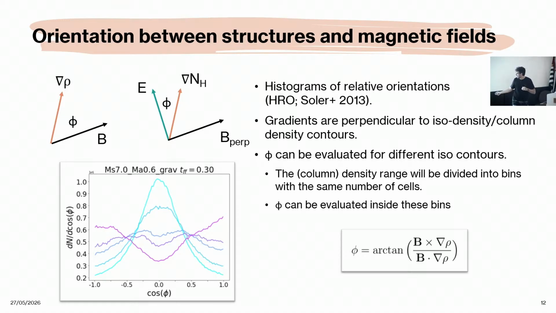Here, for instance, is one of these examples. The light blue here represents structures that are more aligned to the field. At that density range, if we have a peak near 0, cosine equals 0, we have these structures aligned. If we have a peak in the wings, it means that the structures at that density range are perpendicular to the magnetic field.